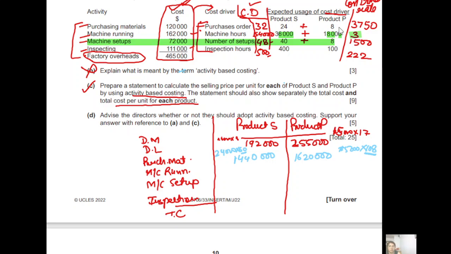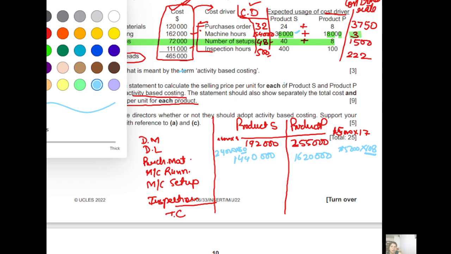Okay, I hope you understand this thing. Again I am going to show this. They need machine running for product S; for product S, machine runs for 36,000.